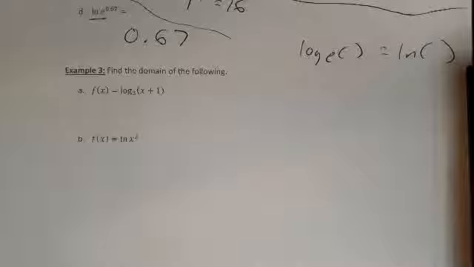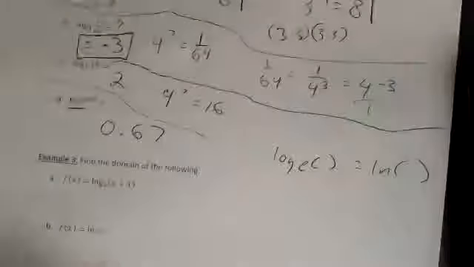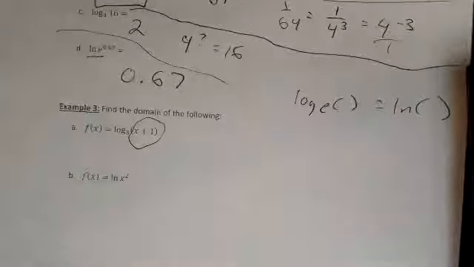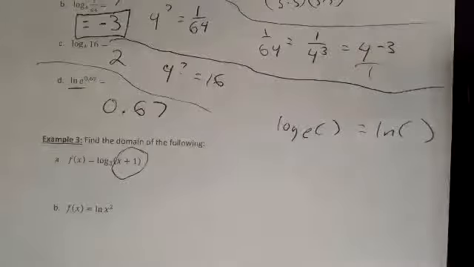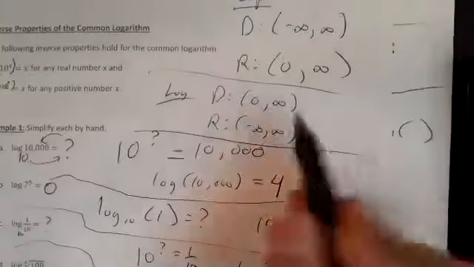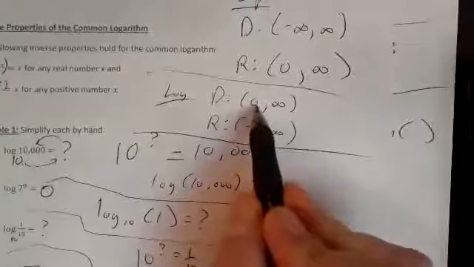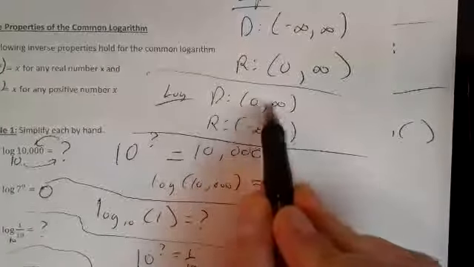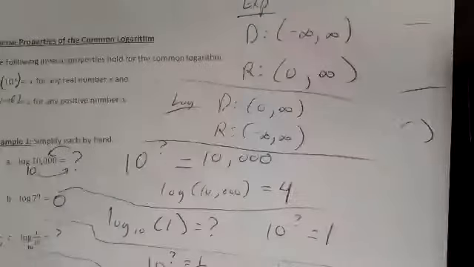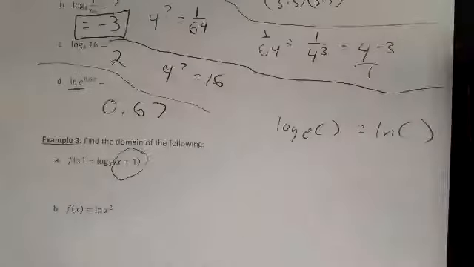Okay, so we want to think about the domain. The thing that we plug into our log: if it's just an x, my domain is 0 and above, not including the 0. So anything positive I can throw into my log.